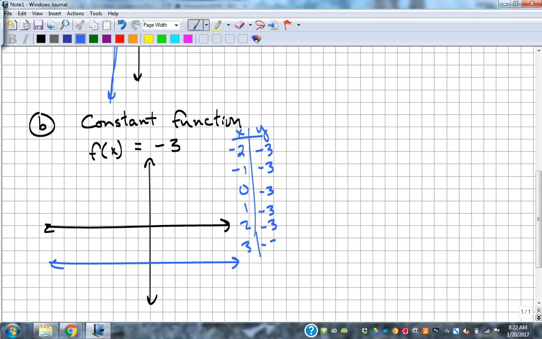No matter what x is, y is -3. That's what the function says. Okay. Characteristics, domain. It would be from -infinity to +infinity. The range would just be -3.